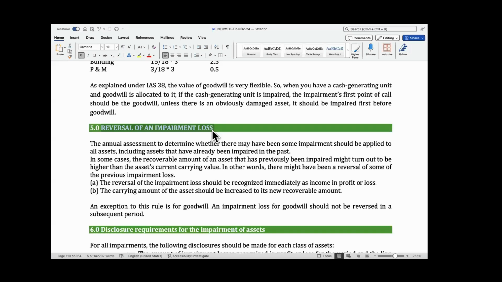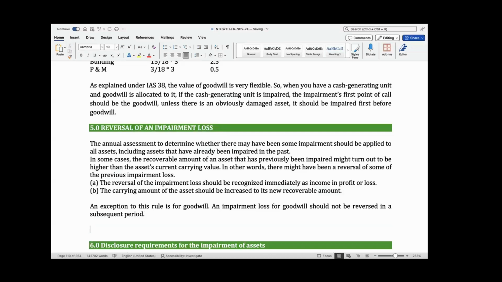And of course, we need to ensure that even though you are reversing, we always keep track of the carrying amount or the value of an asset before the original impairment. Because some people might want to be smart. Maybe before you did any impairment, the value of your asset was 10.